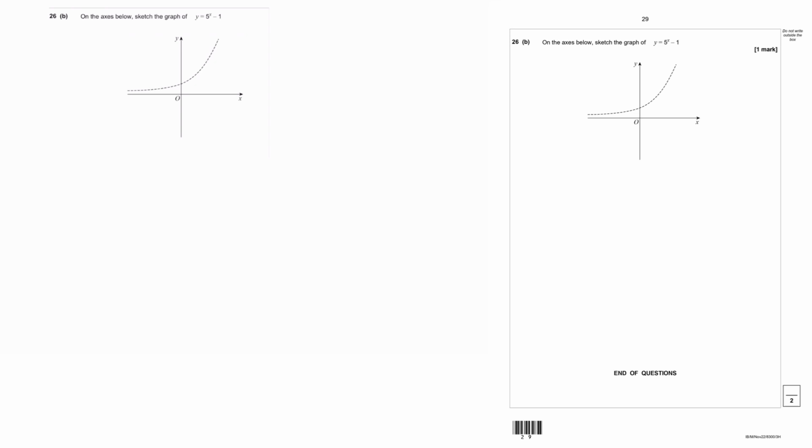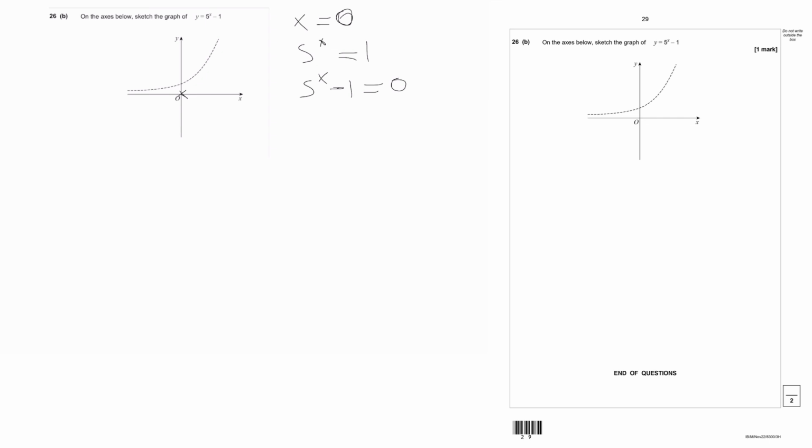And moving on to part B, we want to sketch the graph of y equals 5 to the power of x minus 1. So if we just consider some key landmarks here, if we have x equals 0, then 5 to the power of x, which is what we initially had, was 1. But now, when x equals 0, 5 to the power of x minus 1 is 0. So we have a key landmark here.